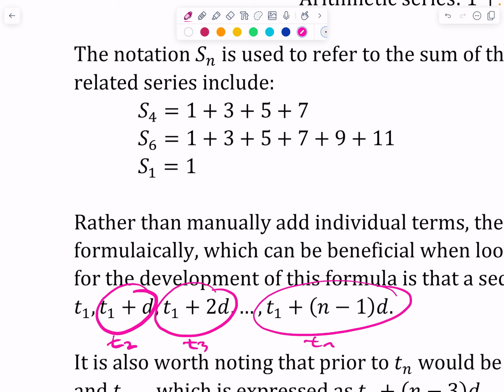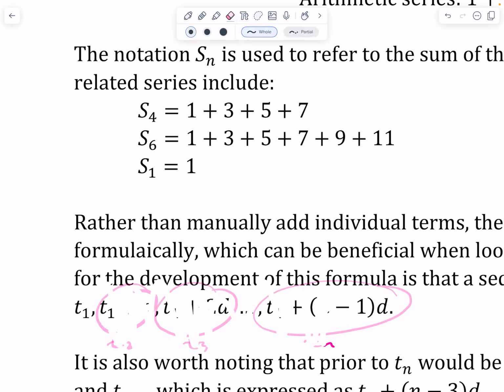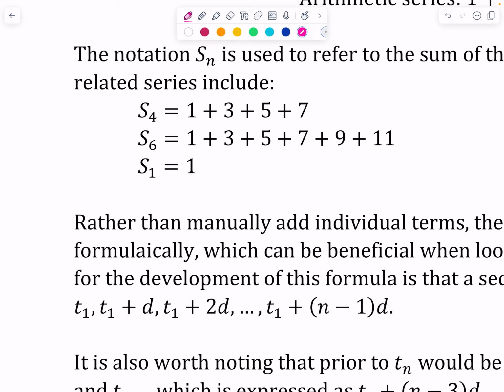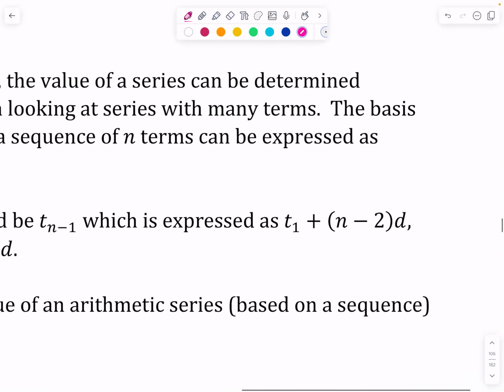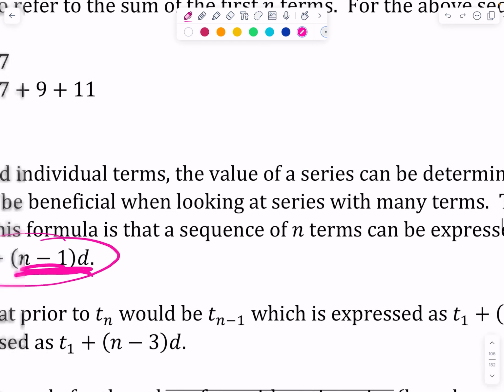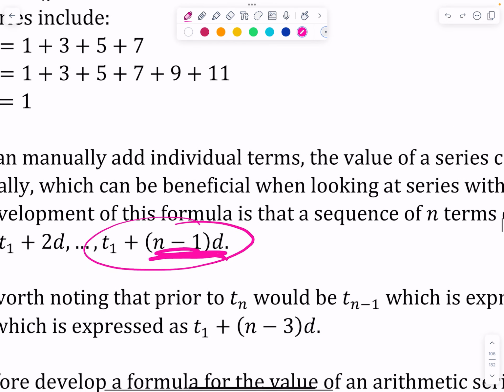It is also worth noting that, depending on how many terms we want to show in this proof that's about to happen, the term right before this n term would have one fewer differences in it. So where this one has n minus 1 d's, term n minus 1 would have n minus 2 d's added to T1.